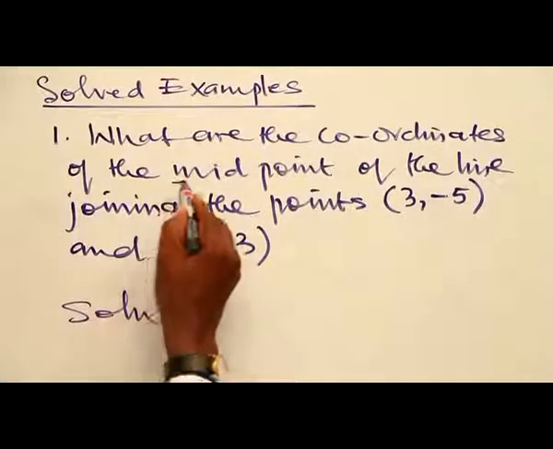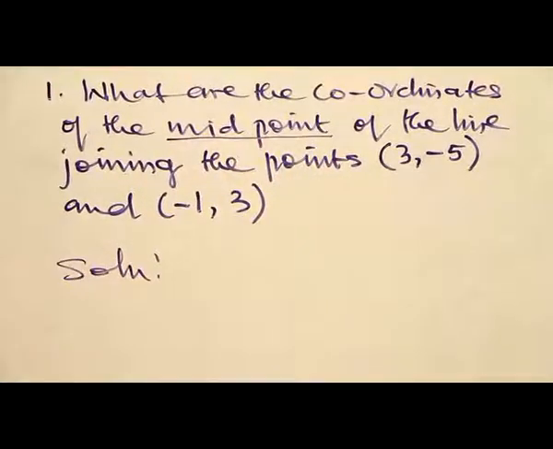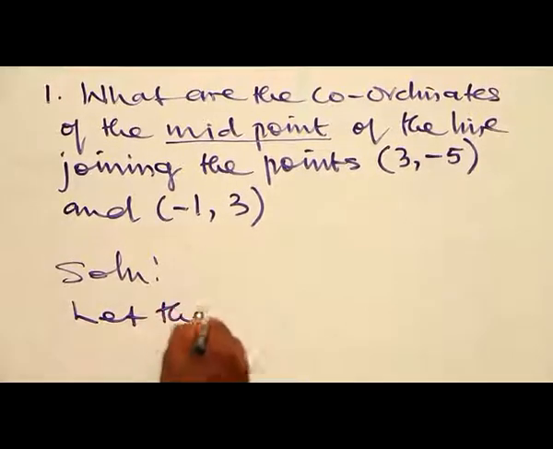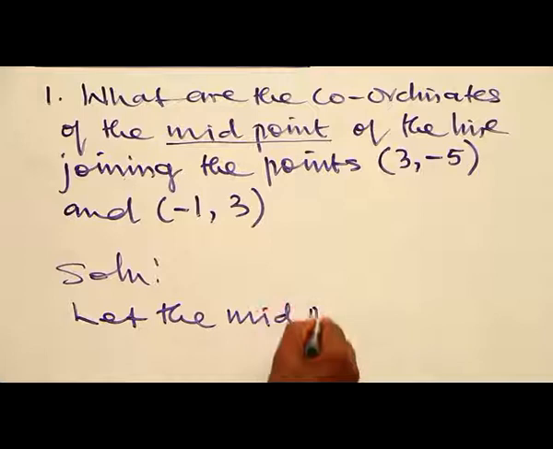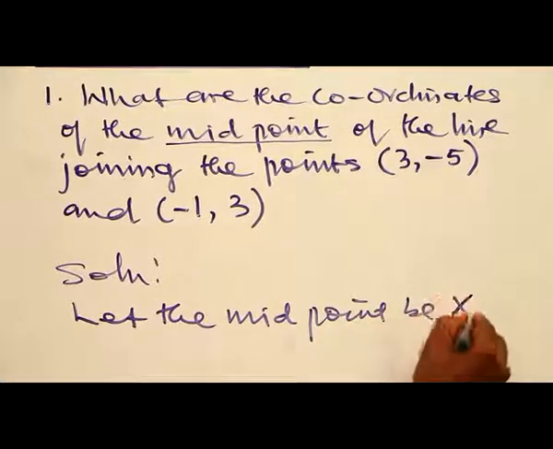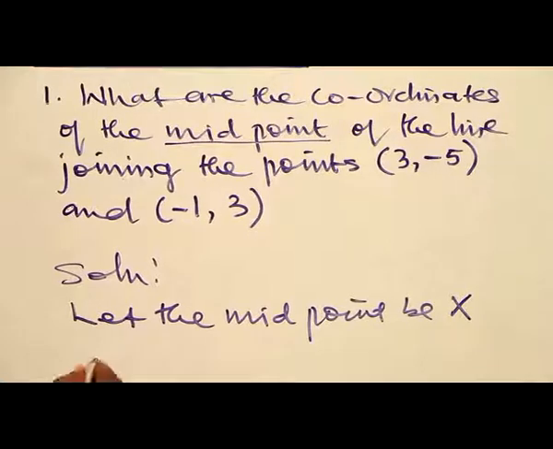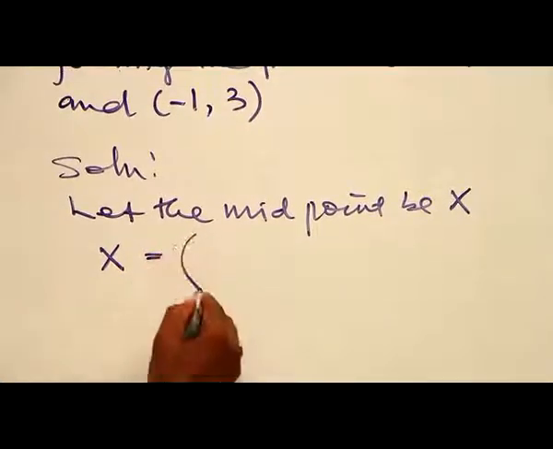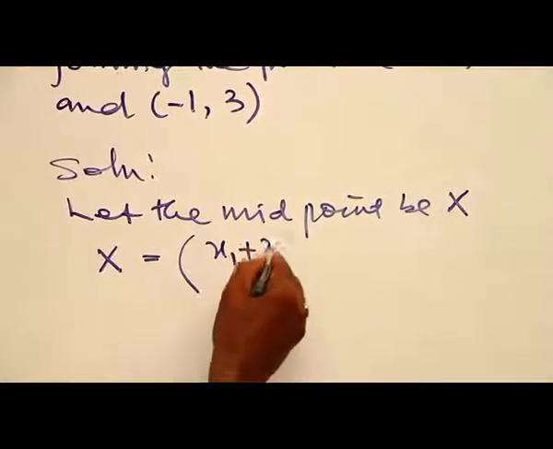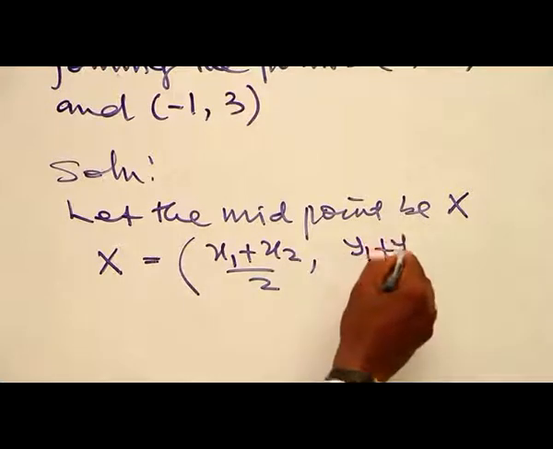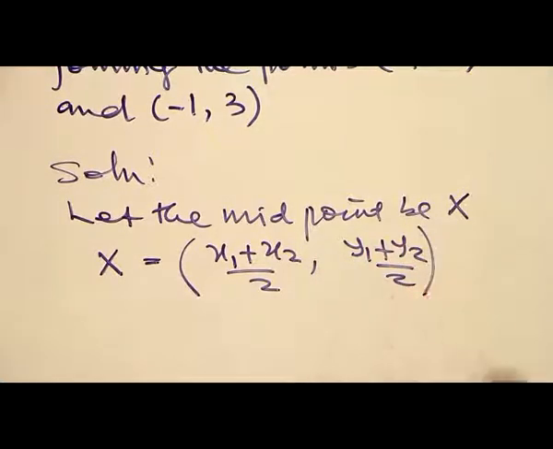Remember, we are talking about midpoint. So let the midpoint be S. So we have our S will be equal to (x1 plus x2) over 2, (y1 plus y2) over 2, because we're talking about midpoint.